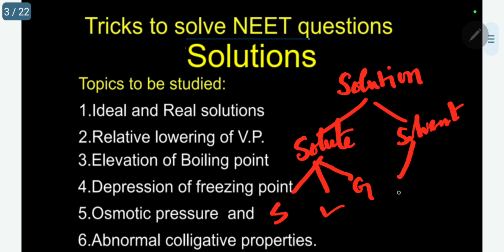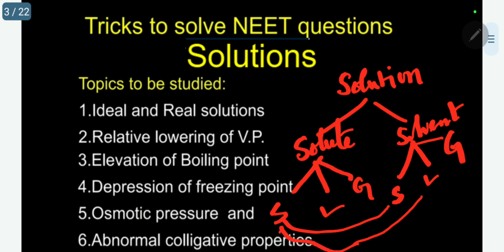The solvent may also be a solid, a liquid, or a gas. Simple example, solid in solid: alloys. Solid in liquid: sodium chloride in water. Solid in gas: metal adsorbed gases. The same way, liquid in solid: gel.